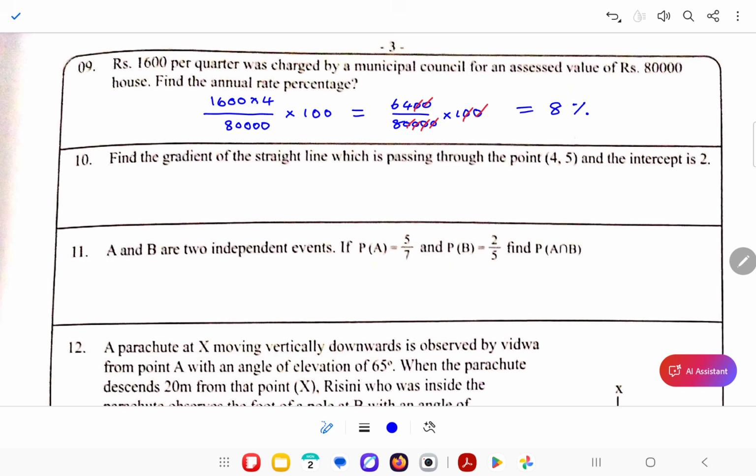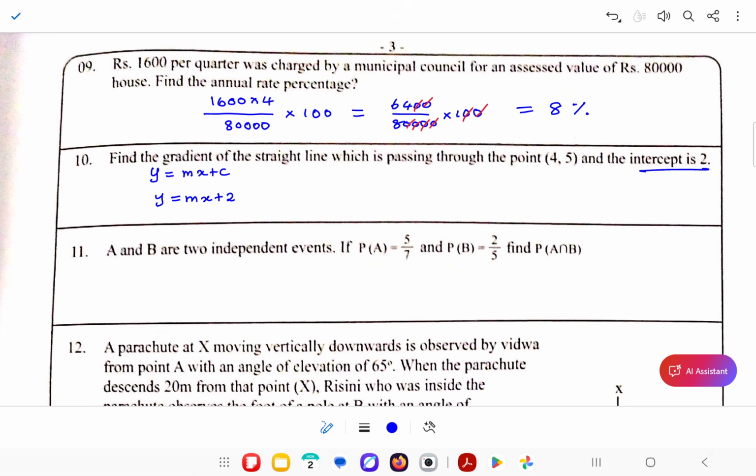Next one, find the gradient of the straight line which is passing through the point (4, 5) and the y-intercept is 2. So we know the line equation is y equals mx plus c. C is 2, so y is equal to mx plus 2 is the equation of this straight line.